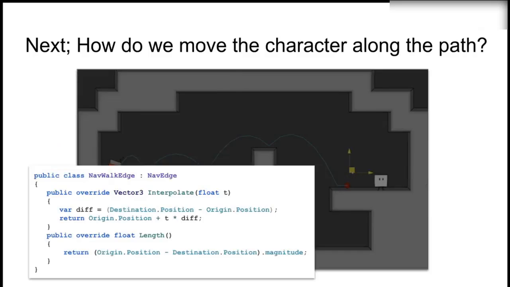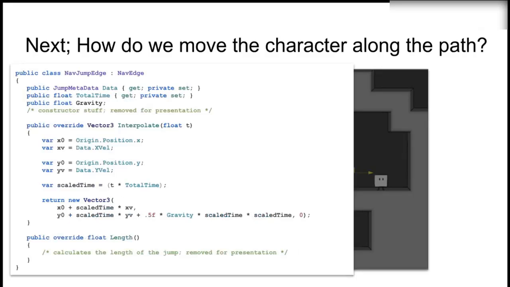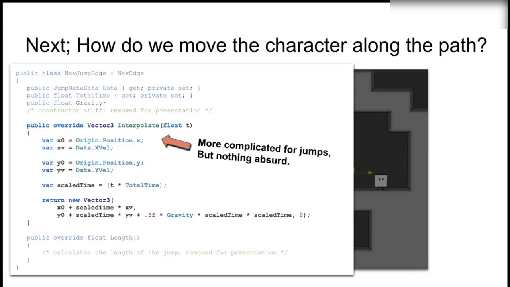So if every edge has such a thing, we can take a look at how all of the walk edges implement that function with a pretty standard linear interpolation, and all of the jump edges implement it with some projectile physics, which again pretty much comes from Wikipedia for how to simulate this kind of stuff in constant time. It's not doing a simulation, it's just doing the math out.